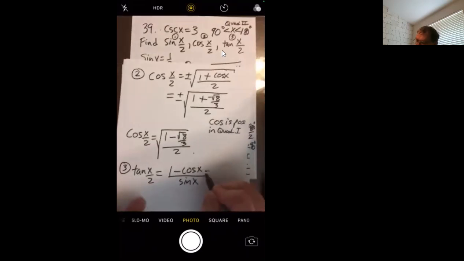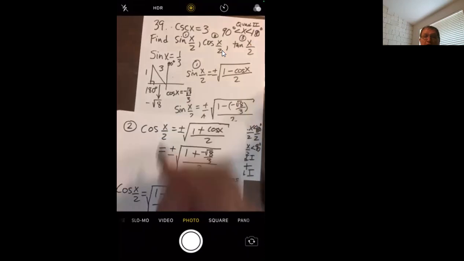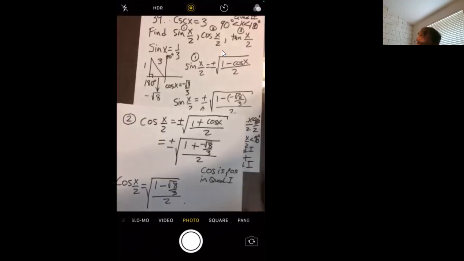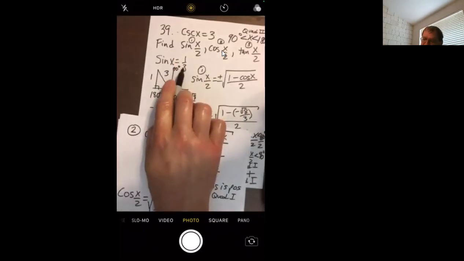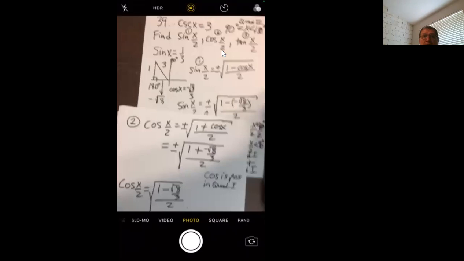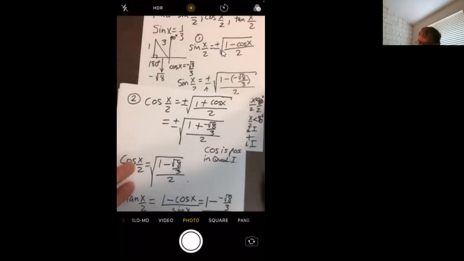All right, so that's going to be 1 minus, and cosine of x was negative root 8 over 3. And sine of x was given to be 1/3, or if you can get it from the cosecant, over 1/3. So you can clean this up a little bit. 1 plus root 8 over 3 over 1/3. That's going to be 3 plus root 8 all over 3 over 1/3.